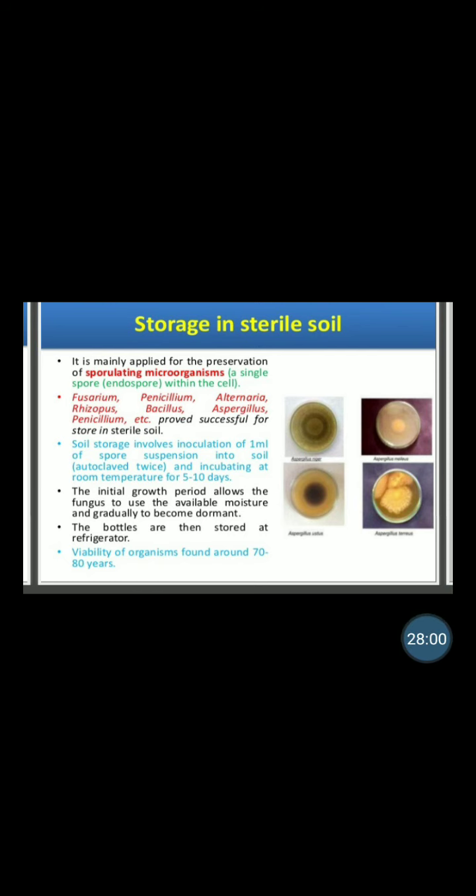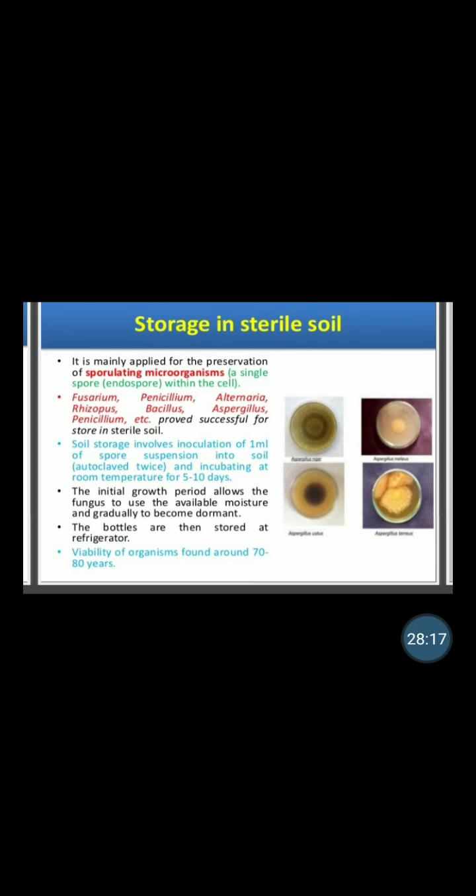Then this method involves the inoculation of 1 ml of spore suspension into the soil, autoclaved twice, and incubating at room temperature for 5 to 10 days. Here we can see the image.